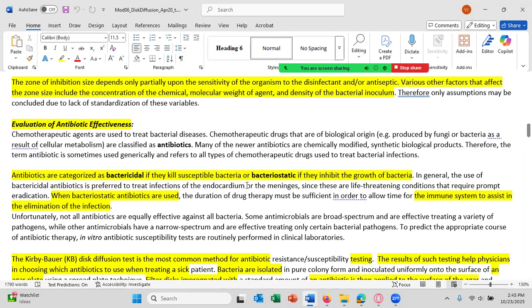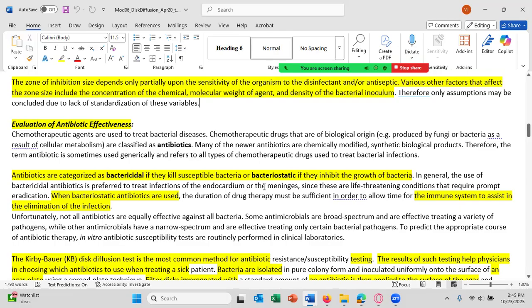If you only inhibit the bacteria's growth and then you stop applying the bacteriostatic agent, the bacteria may regrow. Whereas if you apply a bactericidal agent, that will kill the susceptible bacteria and they will not grow.